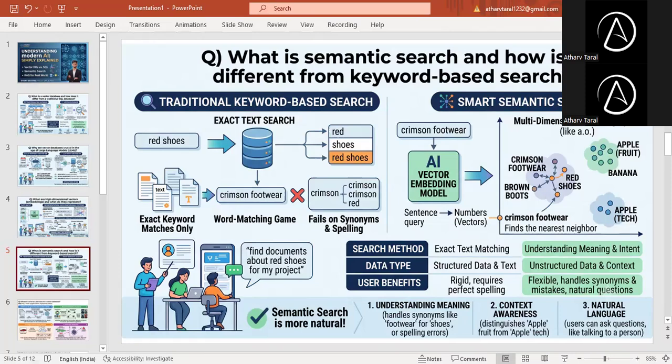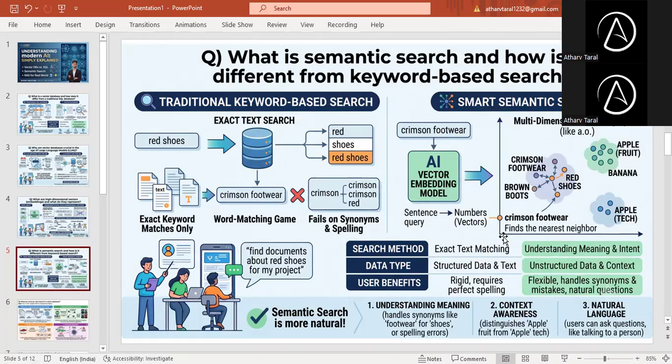Now that is where semantic search comes into the picture. There is a much smarter logic behind it. Instead of just looking at the letters, it tries to understand the intent and the context behind what the user is asking. In semantic search, we use something called vector embeddings.